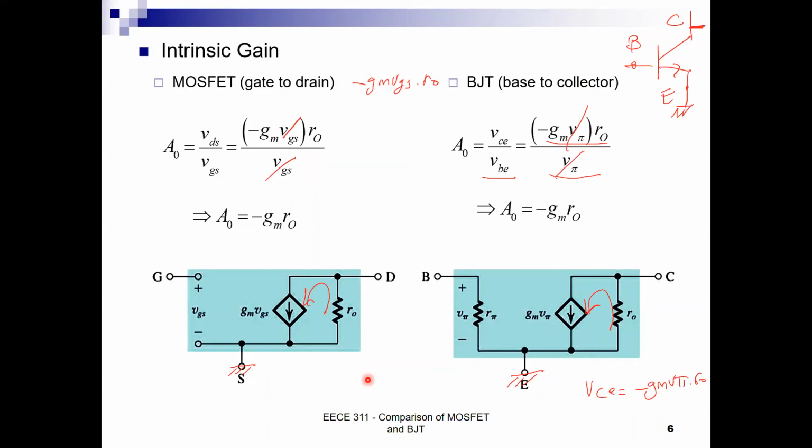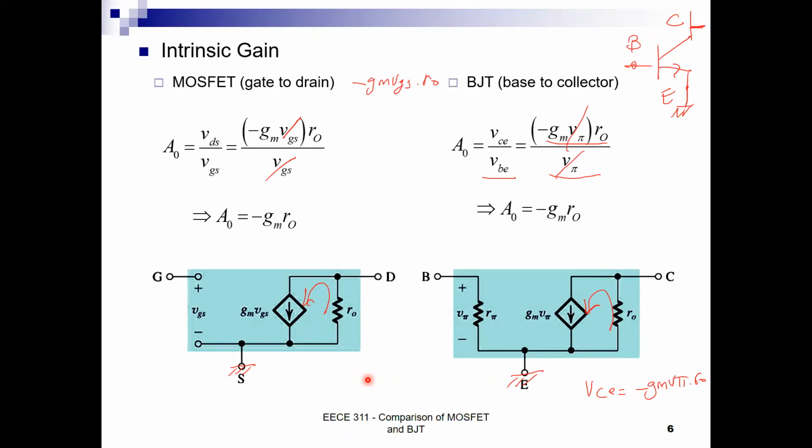Why do I have the two transistors? Equation-wise, it is the same. If we want to quantitatively evaluate it, we are going to find that the BJT has much higher gain. This is why in circuits, typically they use the BJT for the high gain, for the critical gain components, and they use the MOSFET for the high input impedance and stuff like that.